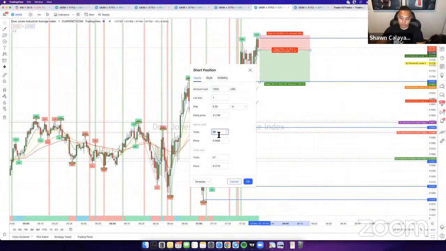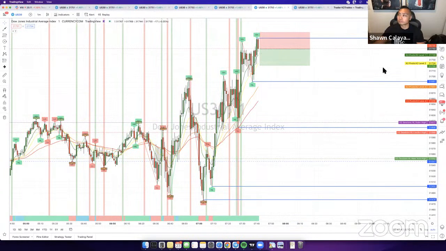No, stop loss would be too close. Possible V1 though.